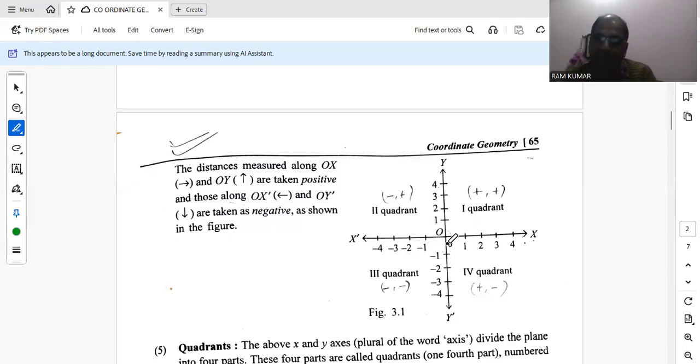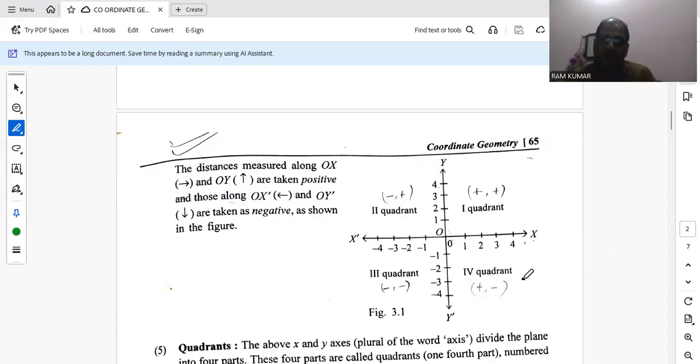So on the x-axis, positive integers, and on the y-axis, also positive integers. And x dash is the opposite of x, like an image of x, that is, opposite to x. So from 0 to the x dash side we represent negative integers, and from 0 downward, along y dash, we represent negative integers.